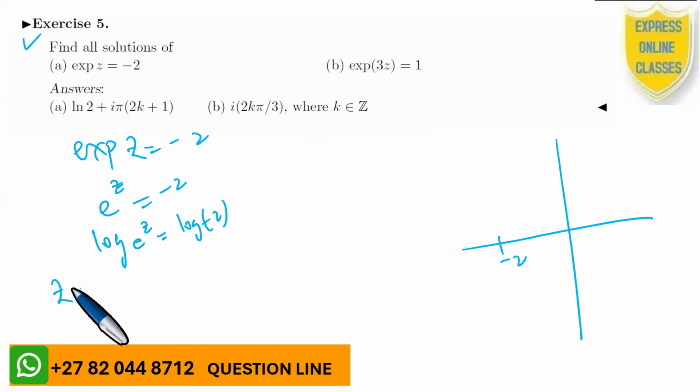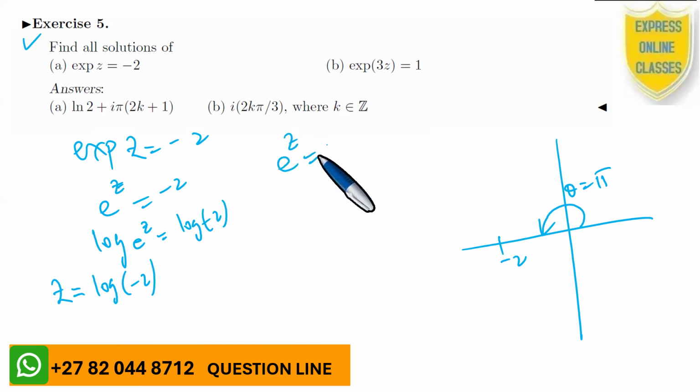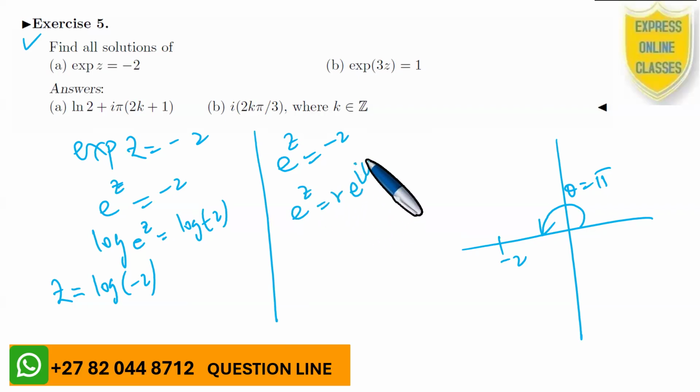Which means that z equals the log of -2. So now you have this angle, which means that theta is equal to pi radians. Every time if you have a complex number like this, you write e to the power z is -2, but -2 is written as r e to the I theta.